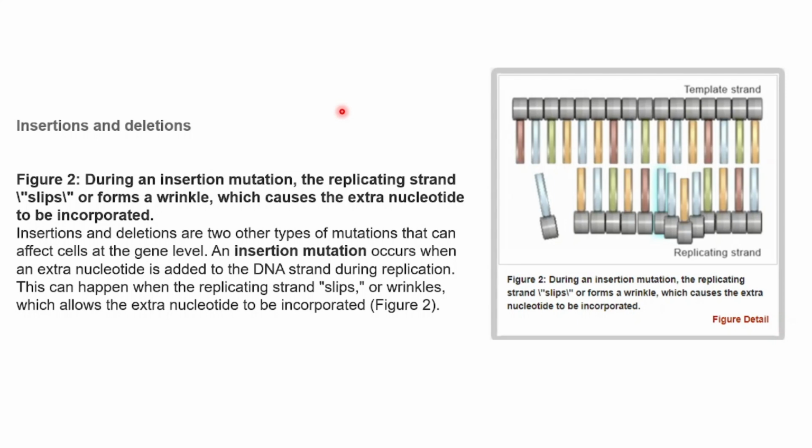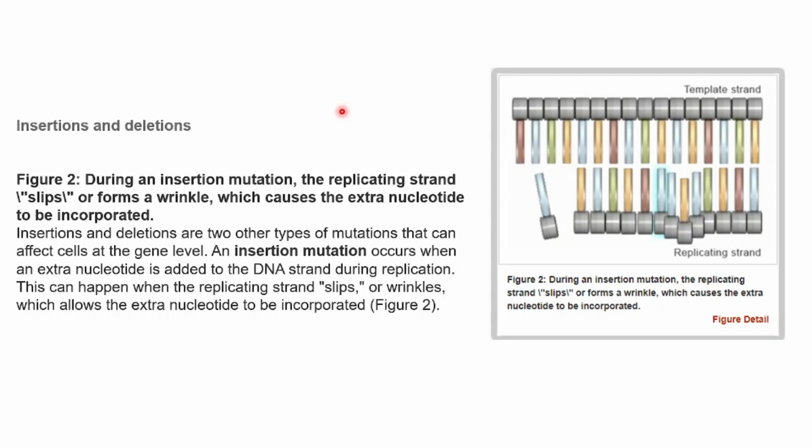The second is nonsense mutation, in which the altered codon prematurely terminates synthesis of a protein molecule. And the third is the silent mutation, in which the altered codon codes for the exact same amino acid as the unaltered codon. So these are the three subcategories of base substitution mutation.